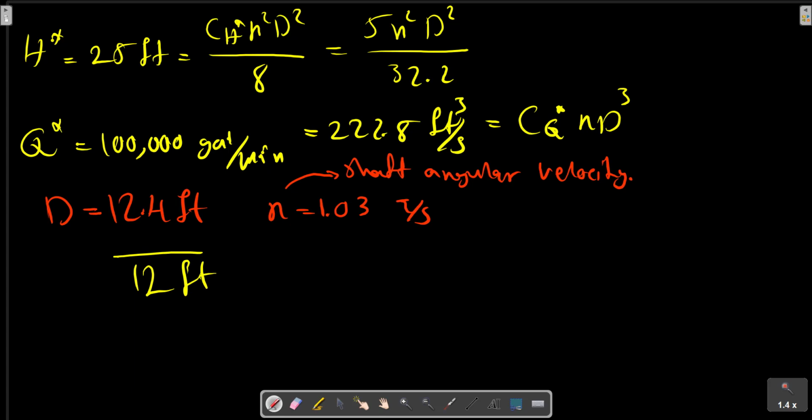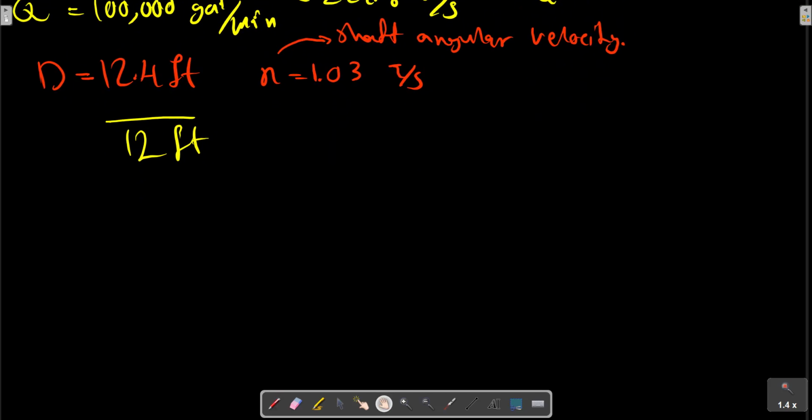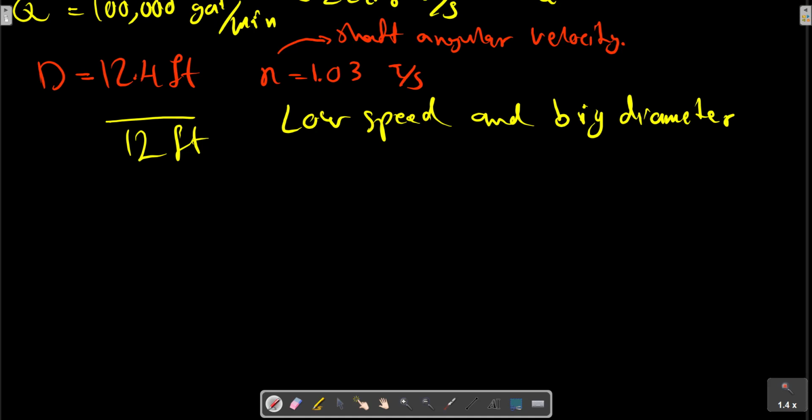One can visualize oxen walking in a circle, turning the shaft. So we have low speed and big diameter, which is not suitable for a centrifugal pump.